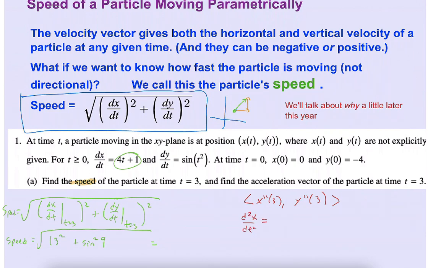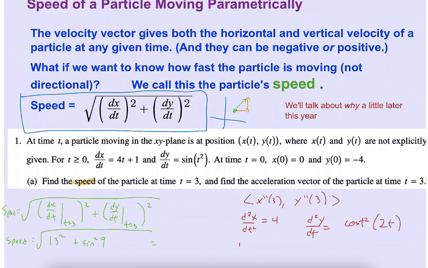Remember, these are the easier ones when you don't have to worry about some silly chain rule, because we're taking the derivative of something with respect to t that's actually in terms of t, so that's straightforward. The derivative of that is just 4. And the second derivative of y with respect to t is a little bit more complicated. It would be the cosine of t squared times the derivative of t squared.